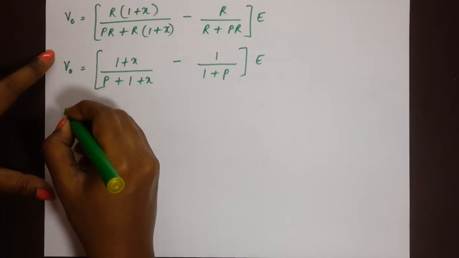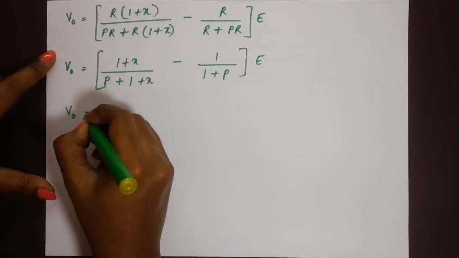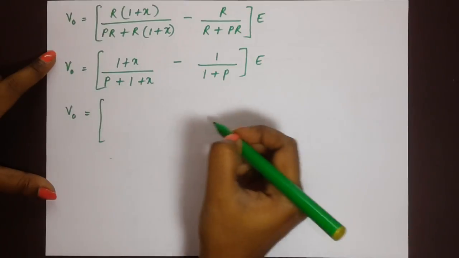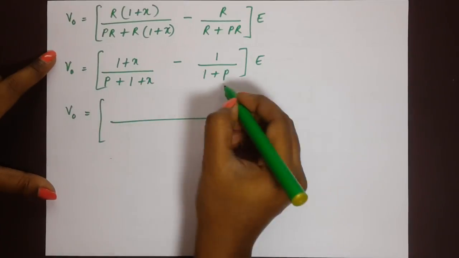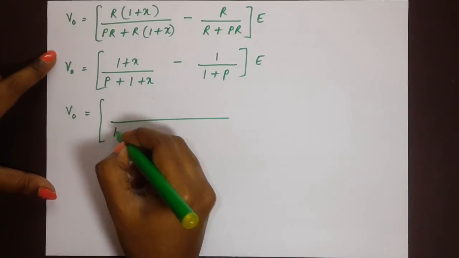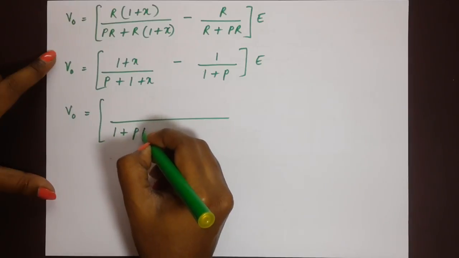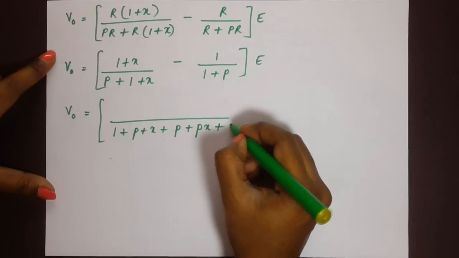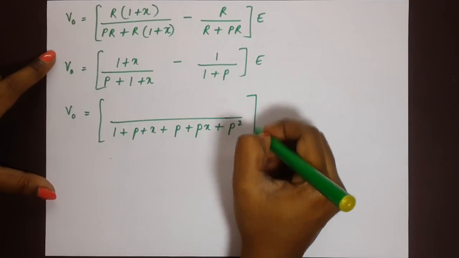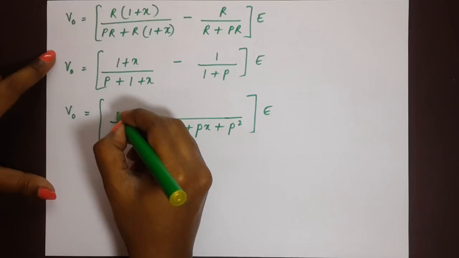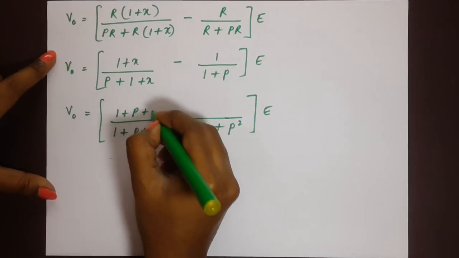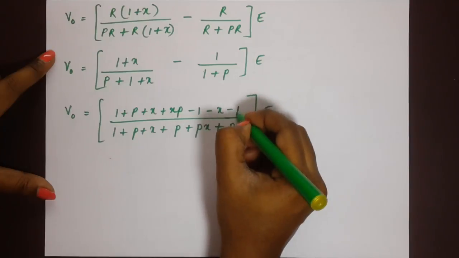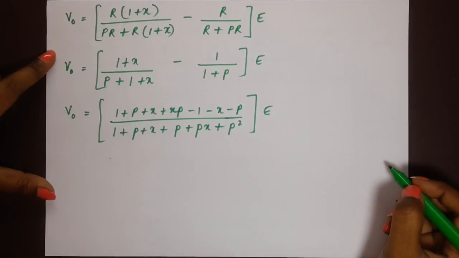Now taking the LCM and correspondingly the numerators, the denominator would be the product of both. We'll get 1 plus P plus X plus P plus Px plus P square. And the numerator becomes 1 plus P plus X plus XP minus 1 minus X minus P. I hope you're following.